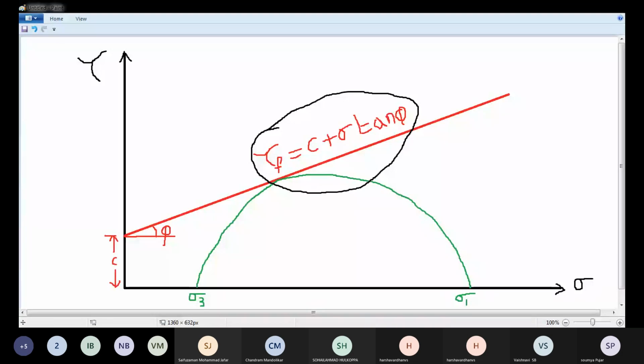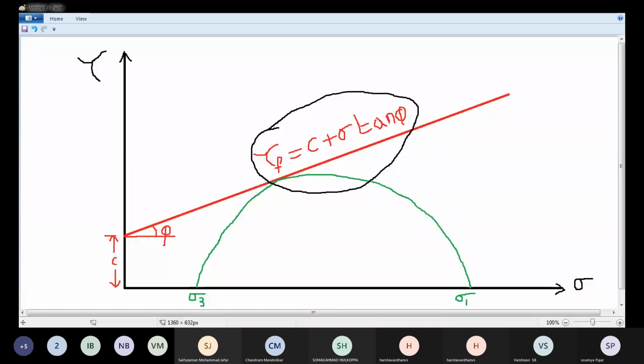So moving on, first let us see what are the factors that are affecting shear strength. The first topic of today's lesson is factors affecting shear strength.